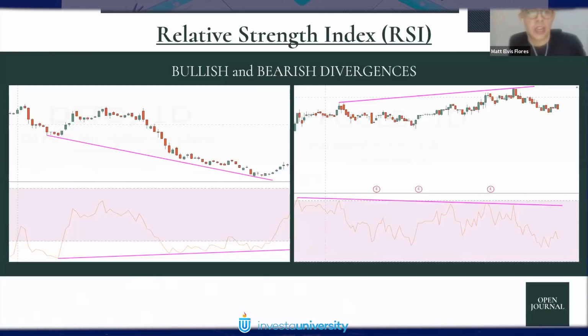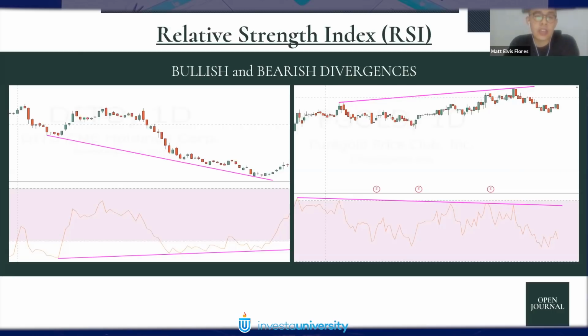So, very important to note, and ito yung tinuturo namin sa Open Journal. No? Ito yung golden nugget. What we call a golden nugget na ginagawa namin sa Open Journal. Diba? Meron kaming ginagawa sa Open Journal na different entry points.